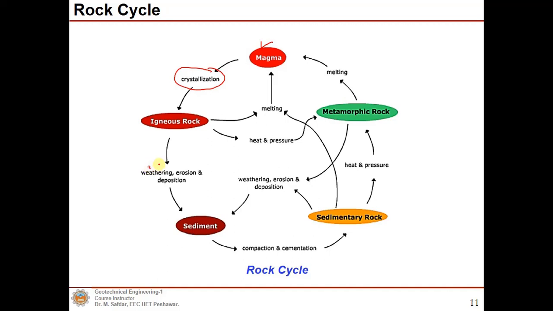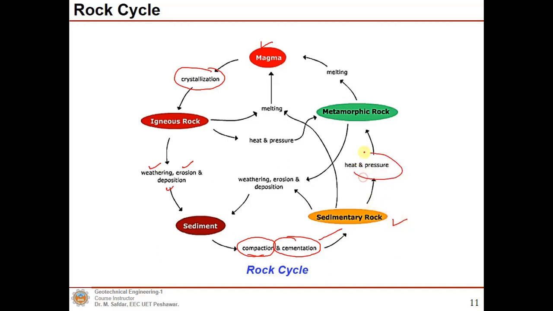Then weathering, erosion or deposition, whether chemical weathering or physical weathering, disintegrates these igneous rocks into sediments, and the sediments will be compacted and cementation will occur. It will form sedimentary rock.